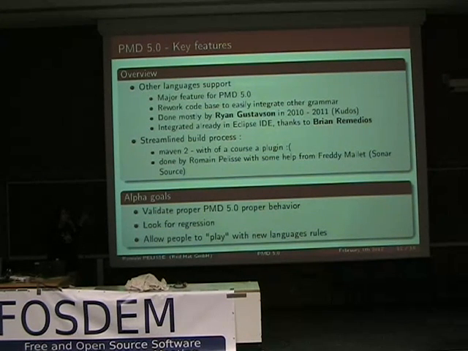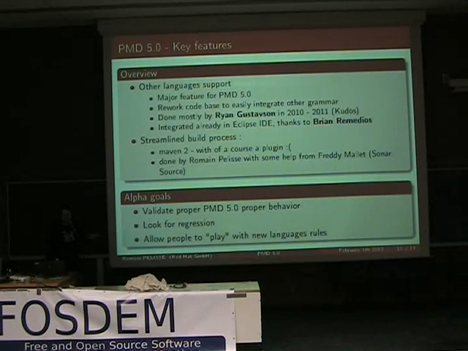This big job was done by Ryan Gustafsson two years ago, and sadly he had this very bad event. He had a kid, so he became a father, so he stopped coding. That's why we had to wait a while before releasing it, because for a while nobody was working on it.